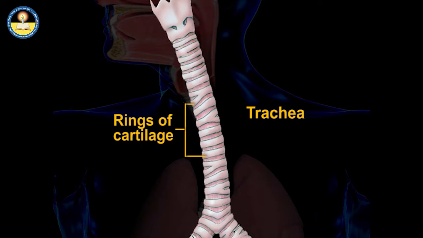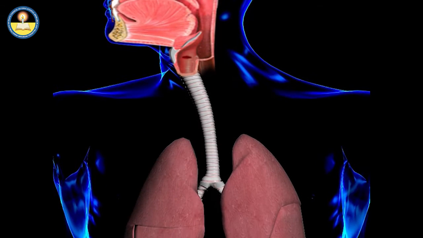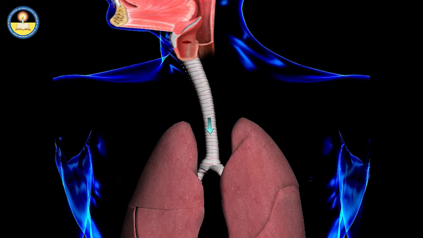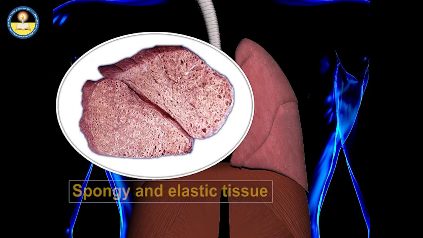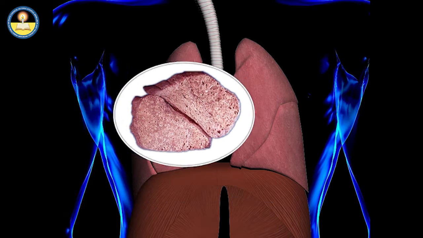The trachea divides into two tubes, each known as a bronchus, one entering the left and the other entering the right lung. The lungs are made up of spongy elastic tissues that allow them to inflate and deflate without losing their shape.